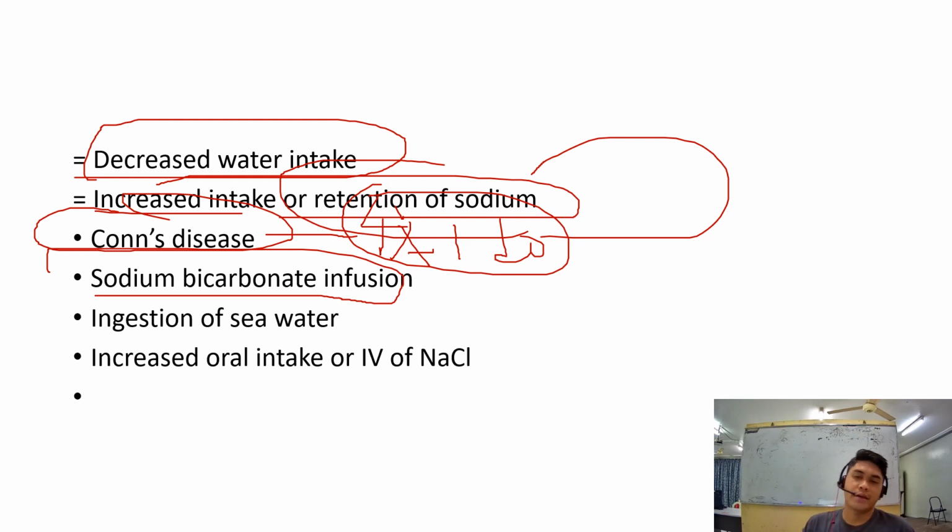Another is ingestion of seawater and increased oral or IV intake of sodium chloride. Those are the conditions associated with increased intake or retention of sodium. Those are the disorders or diseases associated with hypernatremia.